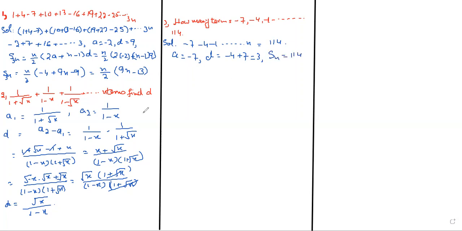So we know that Sn equals n over 2 times 2a plus n minus 1 times d. Just substitute the given values. So we have 114 as Sn equals n over 2 times 2 times minus 7 plus n minus 1 times d's value, which is plus 3.